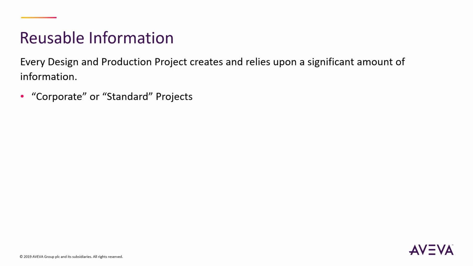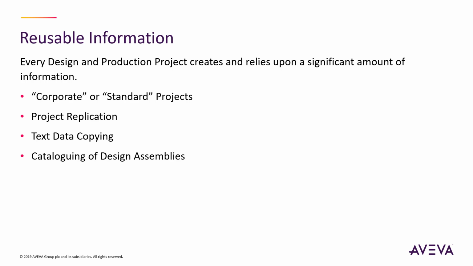So we can talk about corporate and standard projects, simple project replication, a copy so to speak, sometimes just taking the text definition of an element and copying that to another project using a simple file. We can catalog items that maybe represent design assemblies. We can use the design reuse application itself, but we can also implement other typical marine actions like Jumboisation. And finally in this video we talk a little bit about the Sisterships concept.